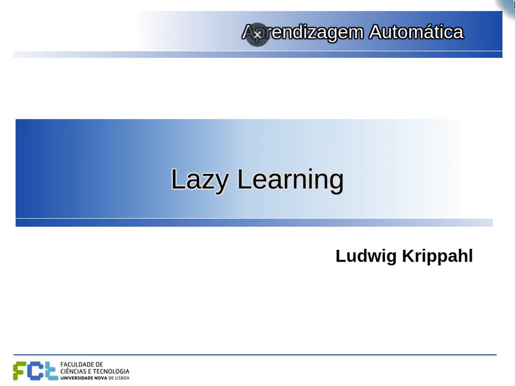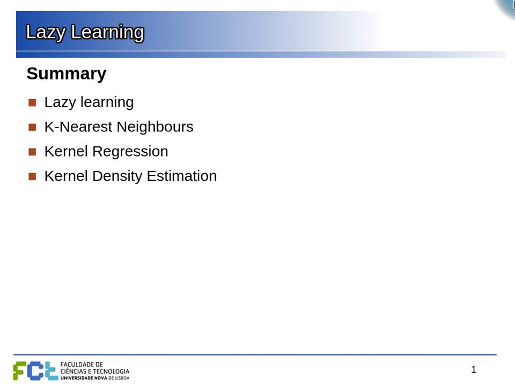Okay, so now I'm going to shift to a lighter subject. We're going to look at lazy learning, which sounds good, at least to me. The idea is that so far we saw these eager learning algorithms where we try to fit the parameters of our model, but there is an alternative approach which does not try to fit the model and postpones all the computation to the time when we want to query our classifier, for example.